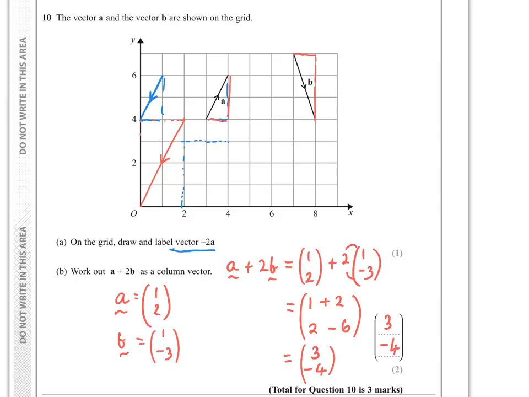Now we can show this on the grid also, because if we went A and then 2B, well, 2B we can see here is 2, negative 6, so we go along 2 and down 6 to here, and I could join this up here.